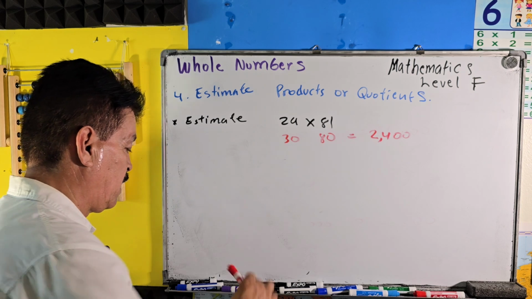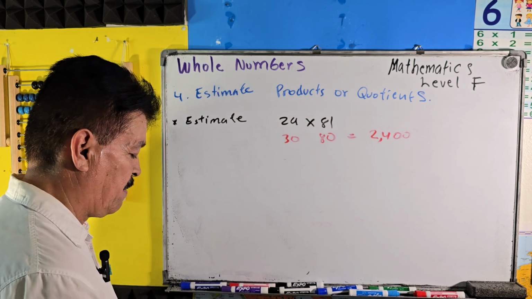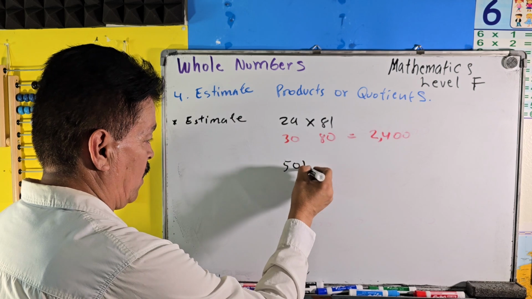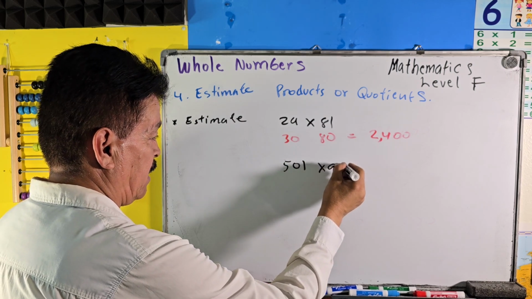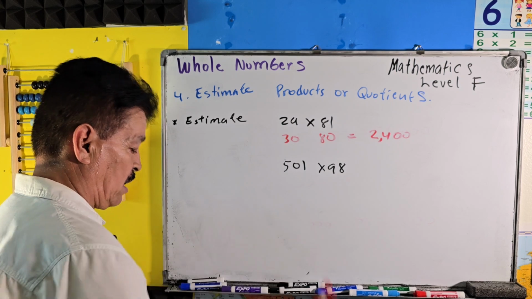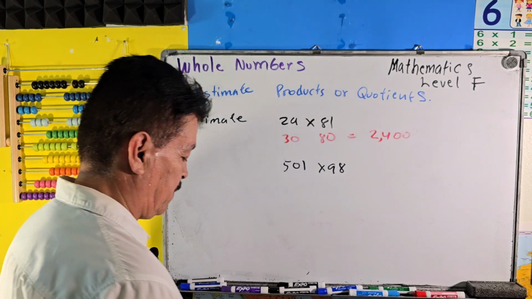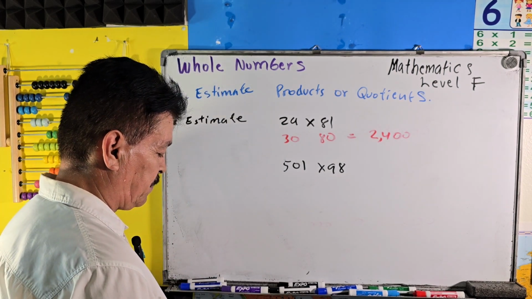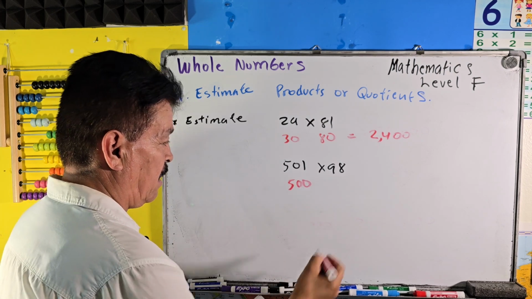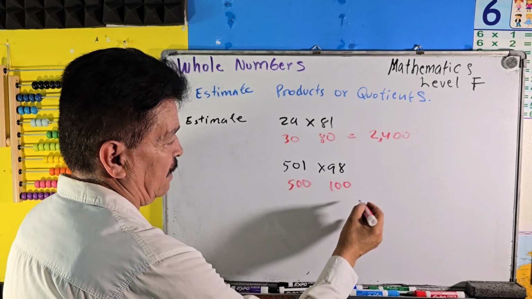Let's do one more example. Multiply 501 times 98. See? We have to estimate it. Of course, it's very simple here. It's 500 here, and then of course it's 100, right?